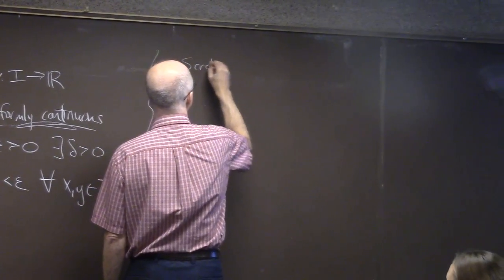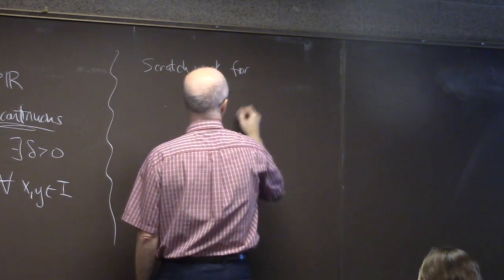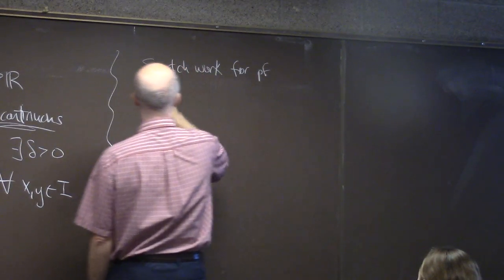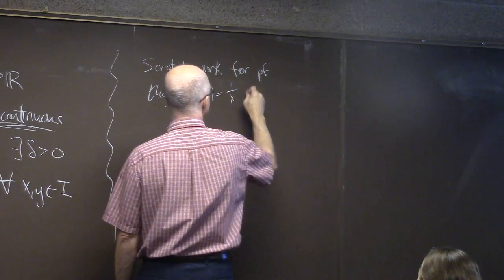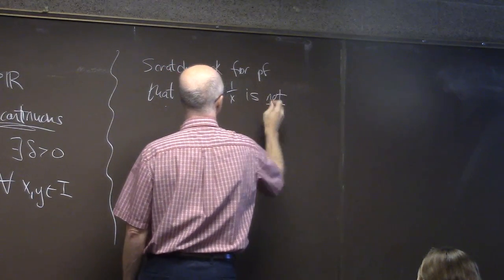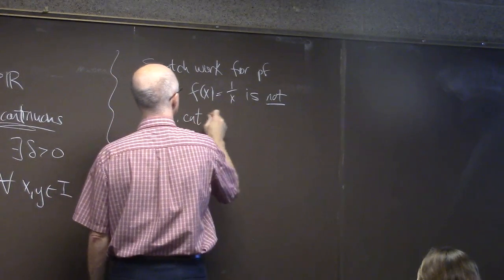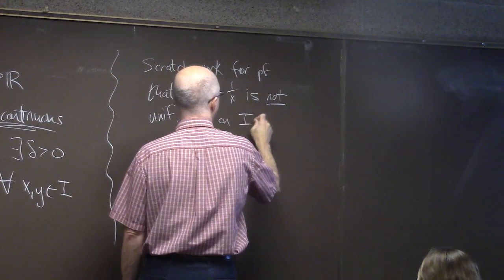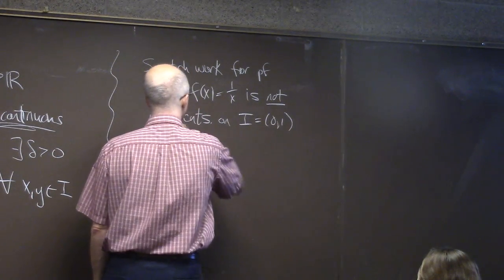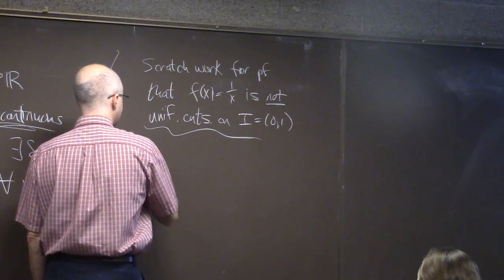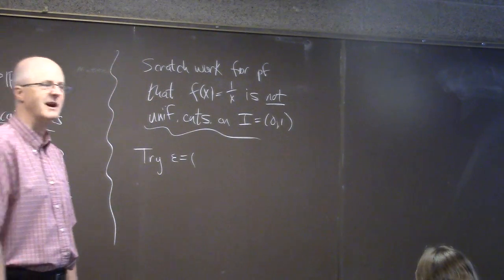Scratch work for proof that f of x equals 1 over x is not uniformly continuous on the interval I, that's the open interval from 0 to 1. Try epsilon equals 1. Okay, scratch work.